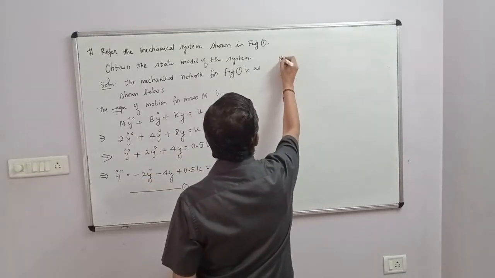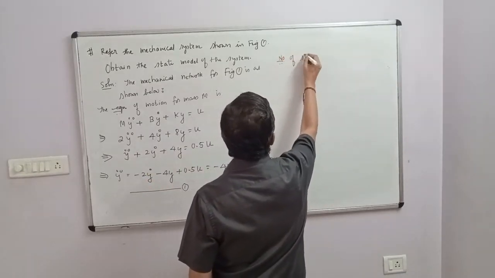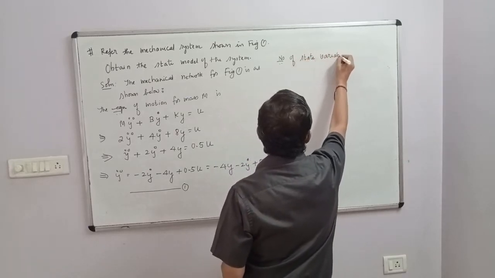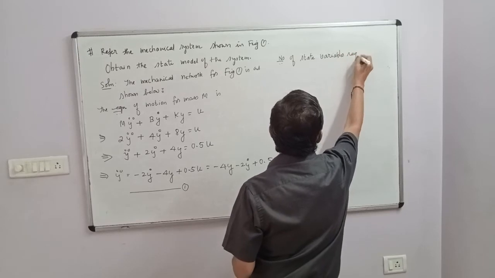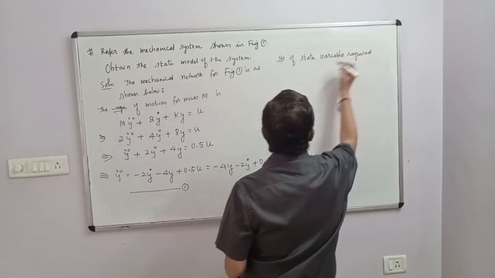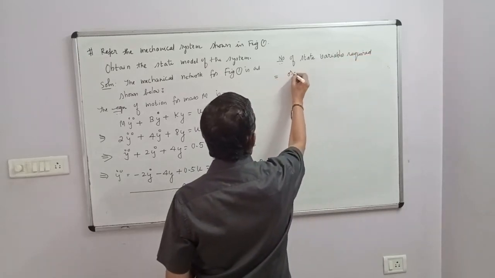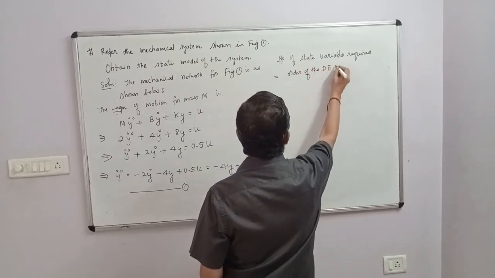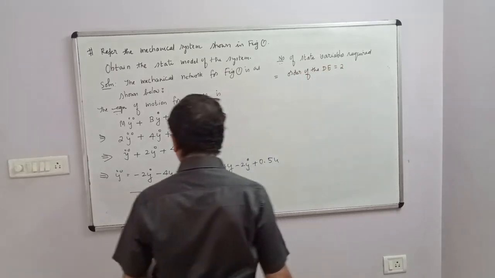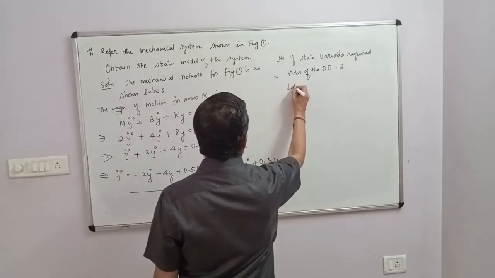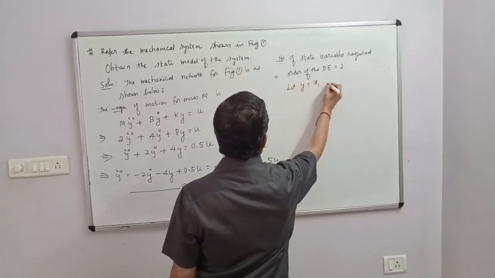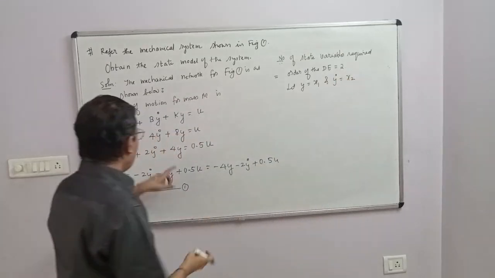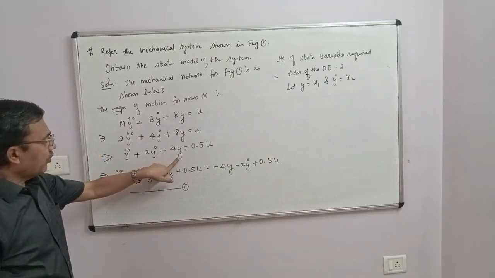Number of state variables required is equal to the order of the differential equation, which is equal to 2. Let y be equal to x1 and y dot be equal to x2. The lowest order is y, call that x1.